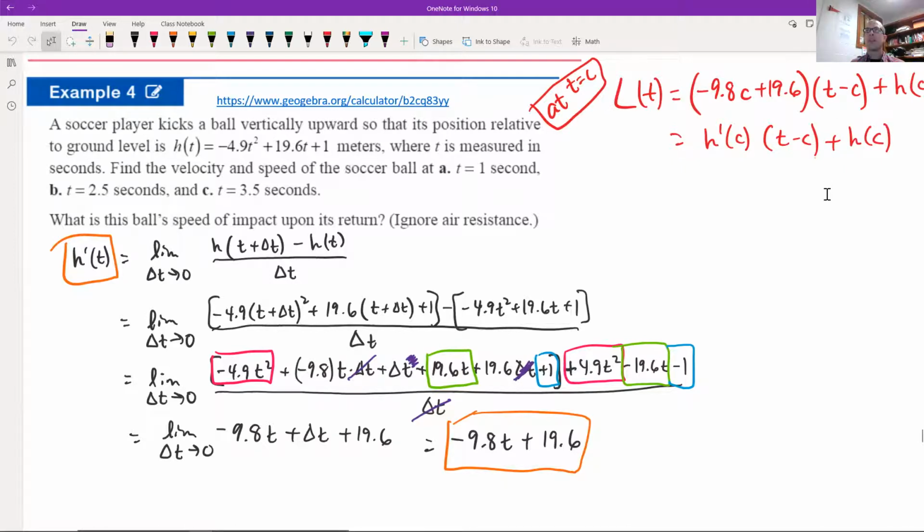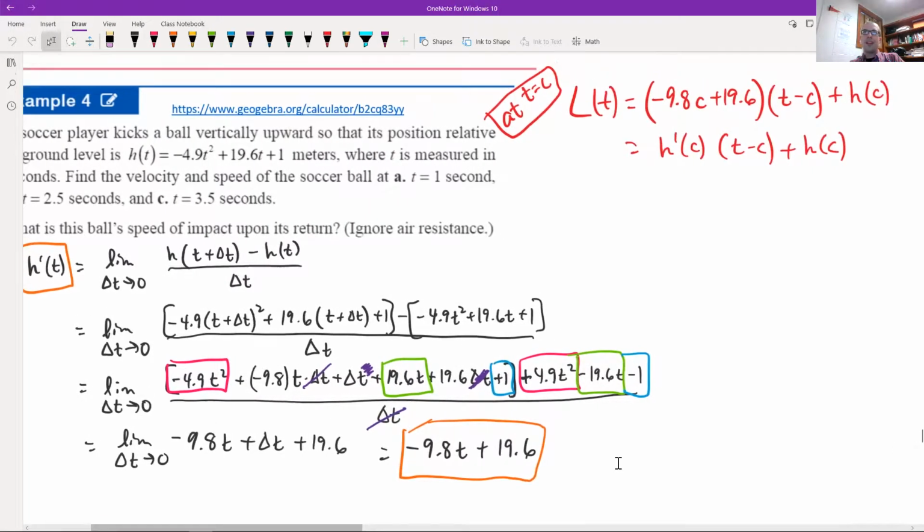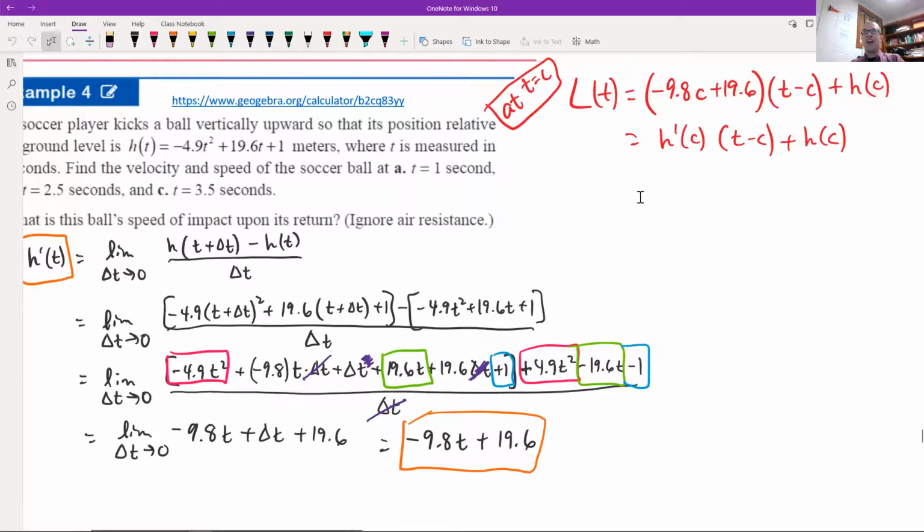I know that looks like a lot, but we're going to be able to make any tangent line using the derivative at a certain point, c, times t minus c, plus the y value, h of c. And that's going to be really great.